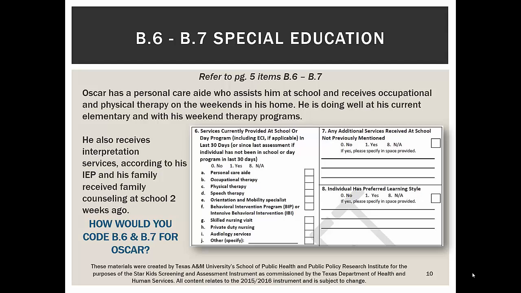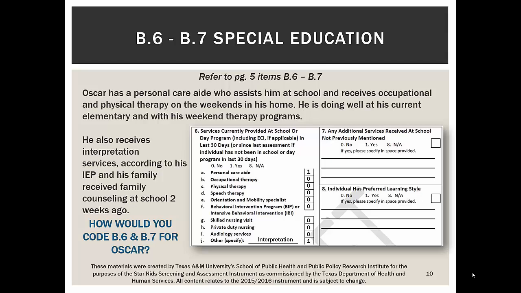So we're trying to determine which services Oscar is receiving at school in the last 30 days. For question 6, we would code 6A as 1 and 6J as 1. So Oscar receives personal care aide services and interpretation services as well.